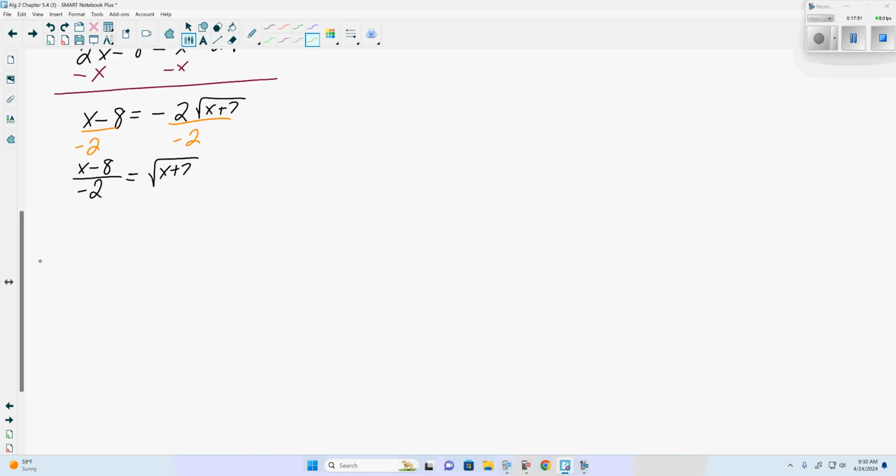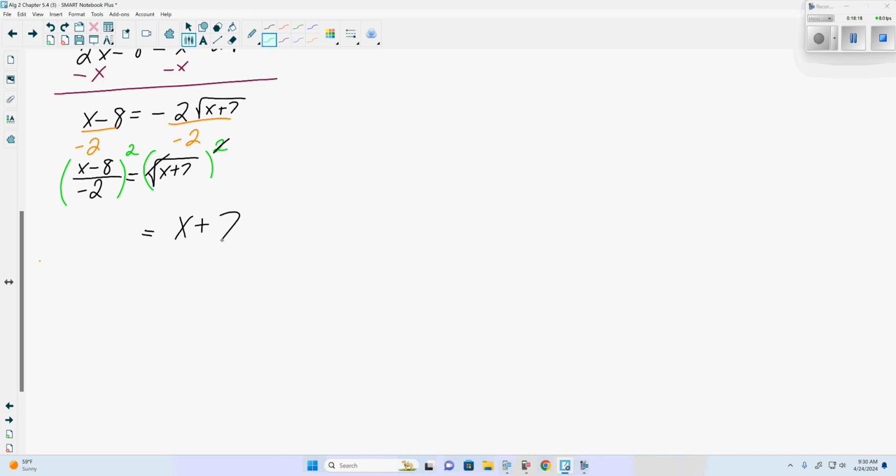is the radical by itself? Well, yeah, it's just the square root of x plus 7. It is by itself. So that means we can move on to step 2, put both sides to the nth power. So put both sides to the second power. The right-hand side is now nice. It's just x plus 7.